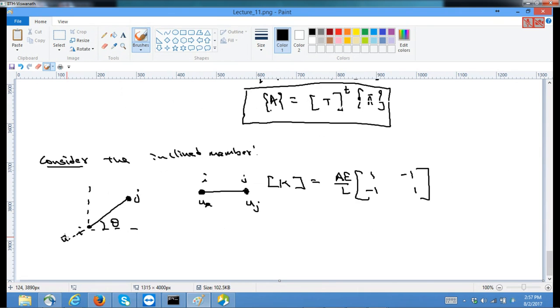In the local coordinate system, my degree of freedom is only u bar, but if I split into the global coordinate system, my displacements will be ui and vi, uj and vj. Let me rewrite it properly.